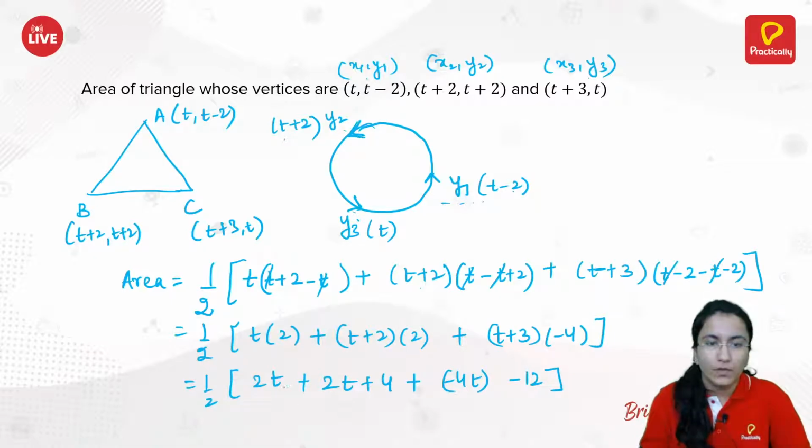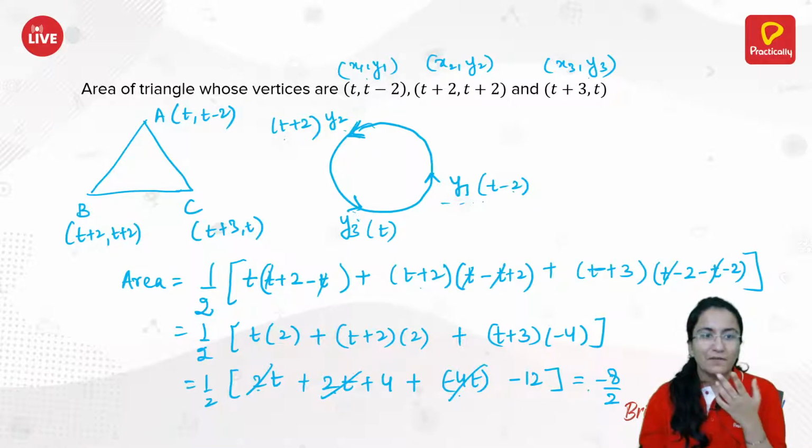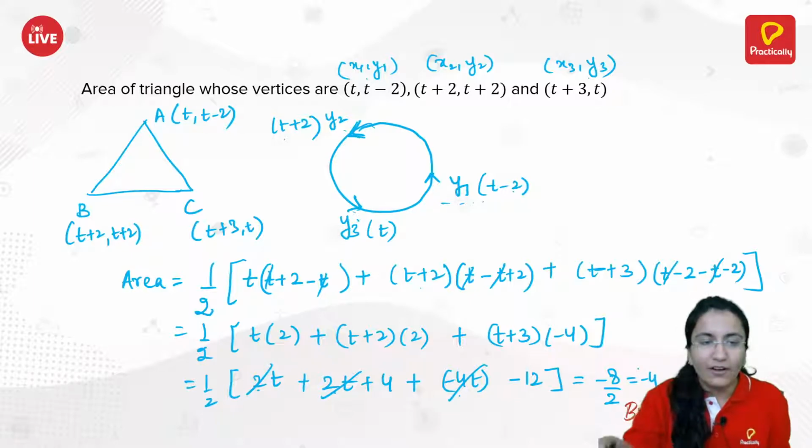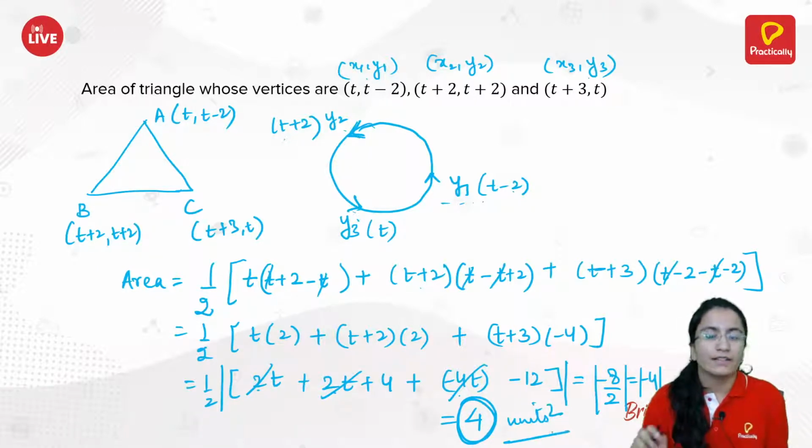That's what you have. You have 2T plus 2T minus 4T. 2T plus 2T is 4T, minus 4T will be 0. So you have 4 minus 12, that is minus 8 divided by 2. You might be wondering that you have area as a negative value, right? If you ever get your area as a negative value, just take the absolute value of it, and you will get 4 units square as your answer.